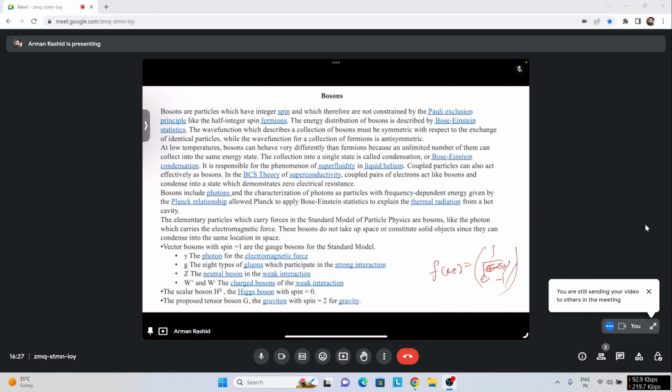Because of this, the behavior of black body radiation is explained by Planck's radiation law. Once he applied Bose-Einstein statistics, he was able to explain the thermal radiation coming from a black body at higher as well as lower temperatures and wavelengths. That was not possible before, when considering only the quantum mechanical laws.